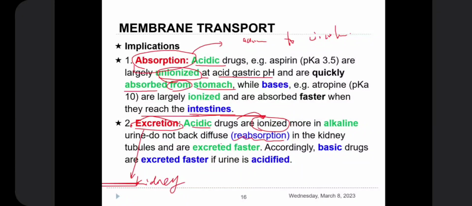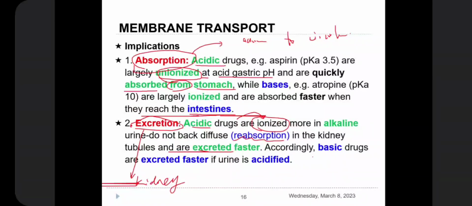Here, acid drugs in the alkaline urine have less reabsorption, so a very large amount is excreted.